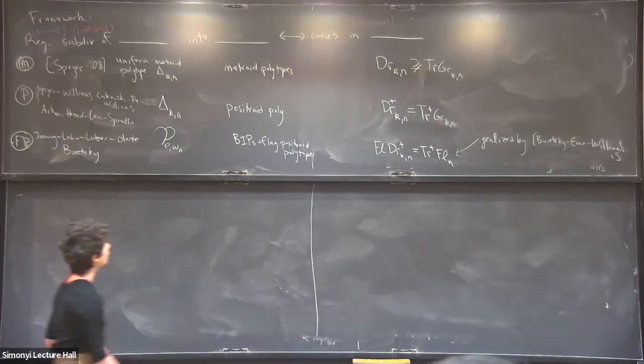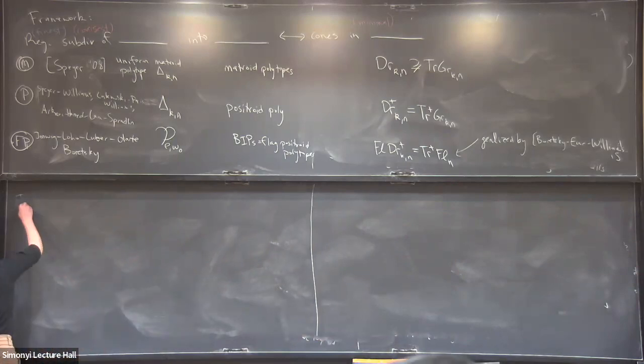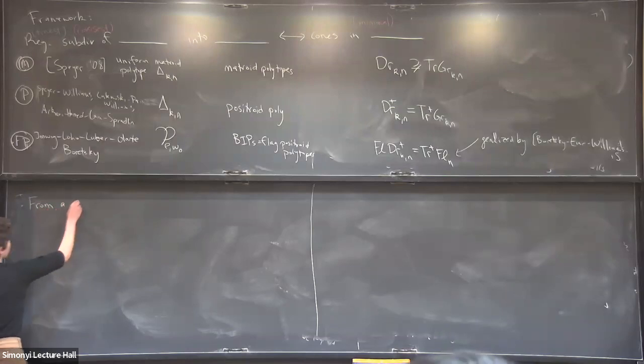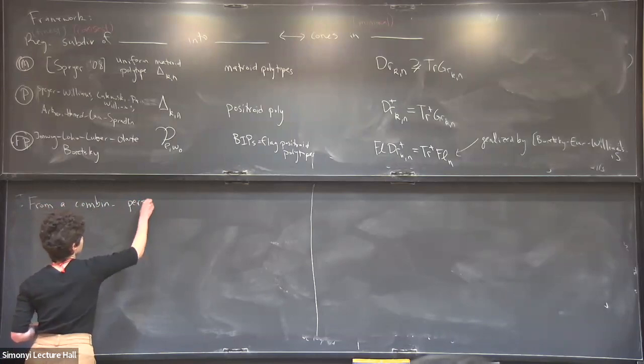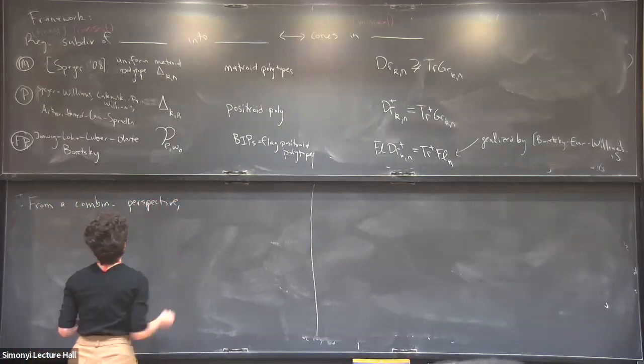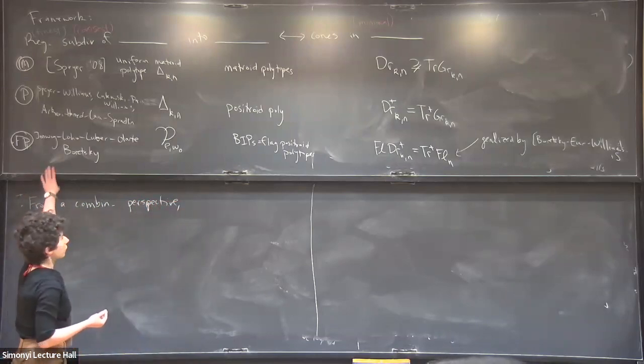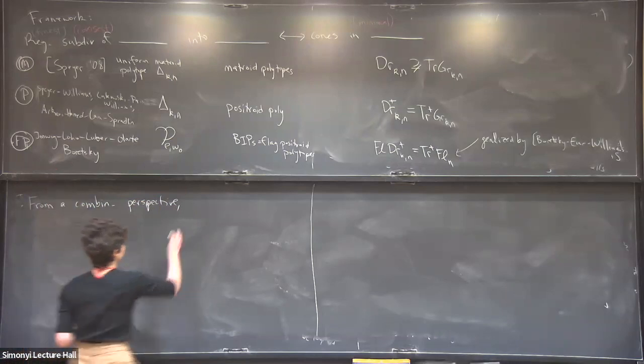Okay. All right, so what I said out loud was, from a combinatorialist perspective, we actually know very little about the flag positroid situation.